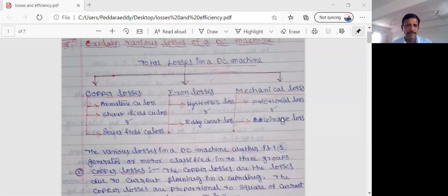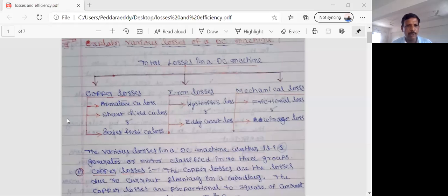But coming to iron losses, whatever be the load, the iron losses are always constant. When you start the machine, these losses are present in the machine. Mechanical losses are also constant. Frictional losses and windage losses are the mechanical losses, and these two are also constant. Mechanical losses are constant losses, and iron losses are constant losses.